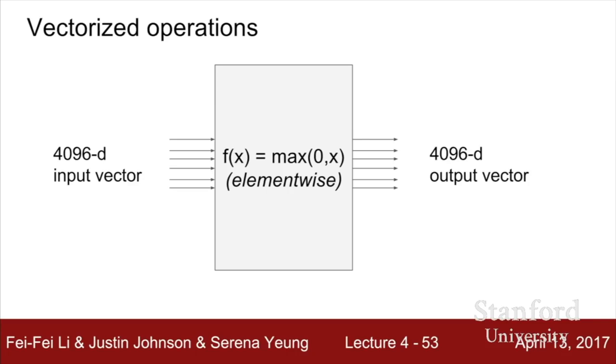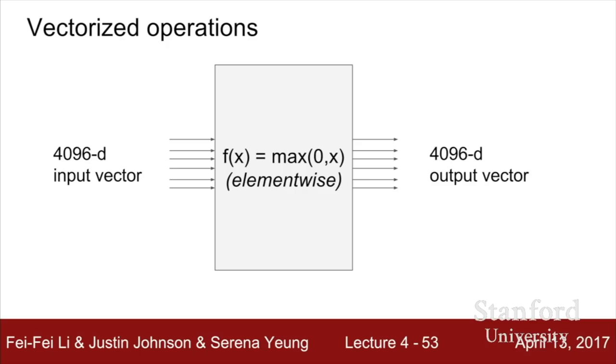Okay, so to give an example of something where this is happening, let's say that our input is now a vector. So let's say we have a 4096 dimensional input vector, and this is a common size that you might see in convolutional neural networks later on. And our node is going to be an element-wise maximum, right? So we have f of x is equal to the maximum of x compared with 0 element-wise.